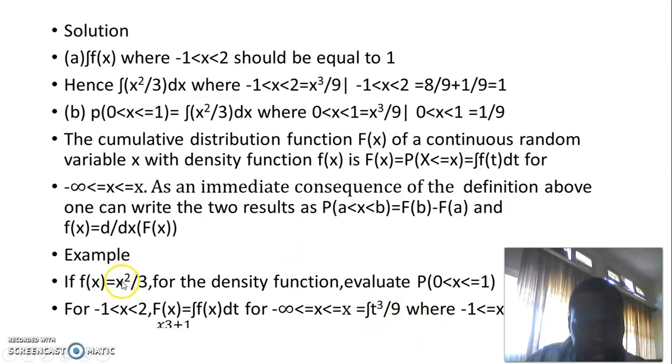So when you integrate t squared over 3, you get t cubed over 9, where t is between negative 1 and x. Hence, we can substitute this interval into this function, t cubed over what? Over 9.